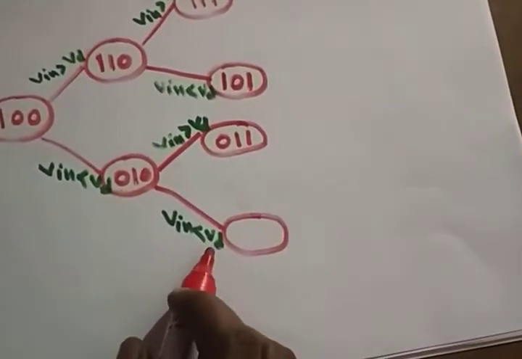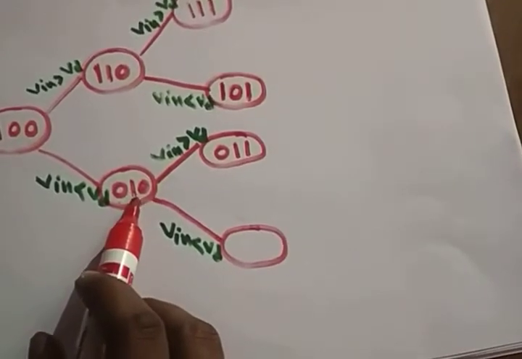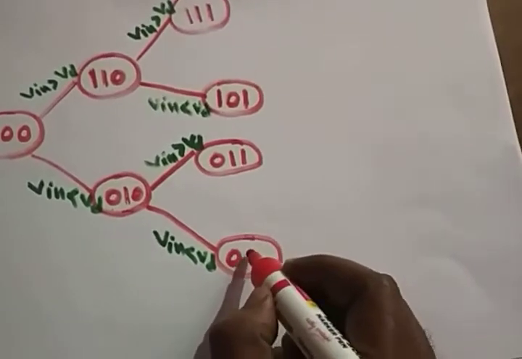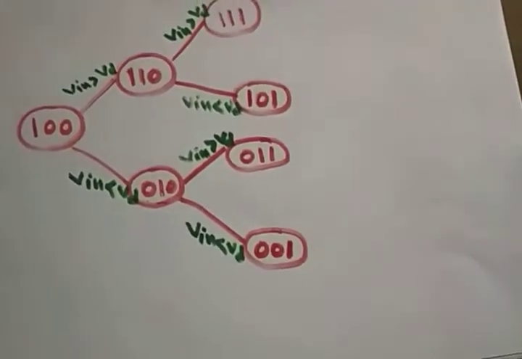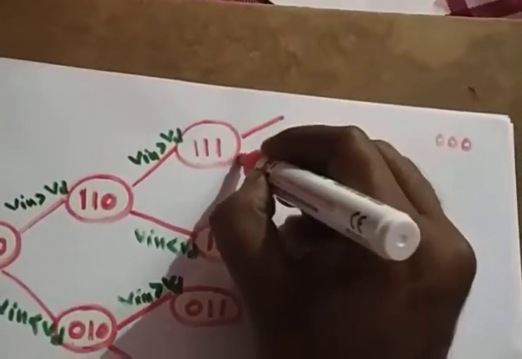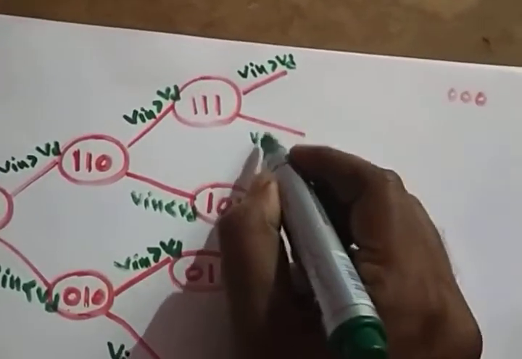If Vin is less than VD, whatever was set previously will be reset and you will set the next bit. So you have to reset this bit and set the other bit. Hope it's clear. Again you will get 2 possibilities: Vin greater than VD, Vin less than VD, right?